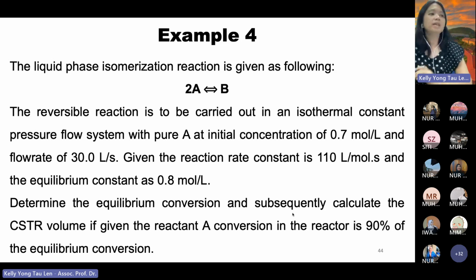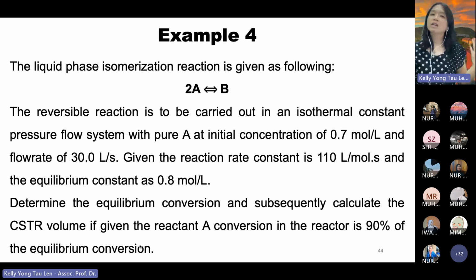So for this example, it says conversion, we calculate the reactor volume, if the conversion of reactant A is 90% of the equilibrium conversion. Remember I told you, when we design a reactor we will not use the equilibrium conversion.